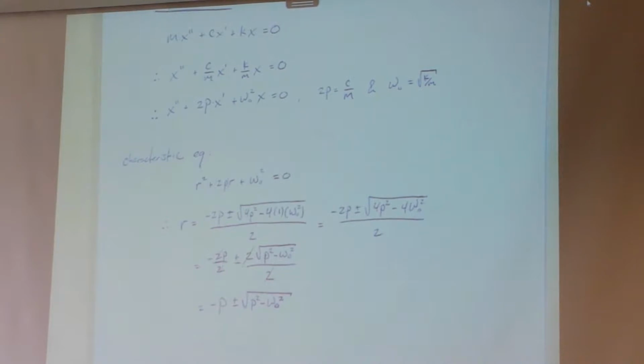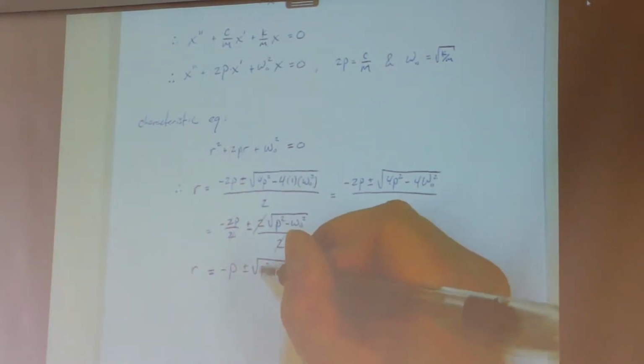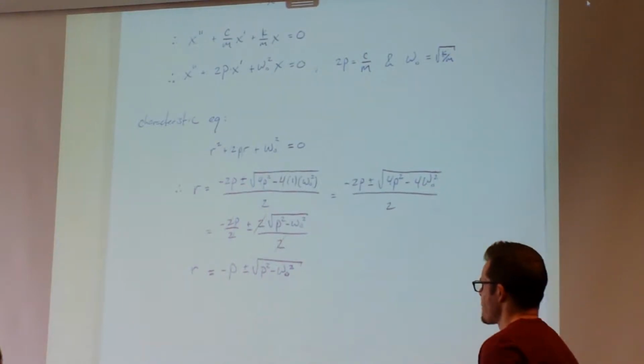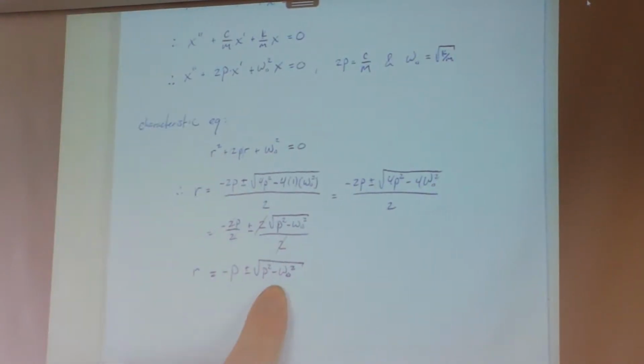Okay. So that's R. Now, there's going to be some distinctions here based on the sign of what's under the radical. So this naturally breaks this into 3 other cases. So in this case, damped motion, we get 3 subcases, according to the sign of that part under the radical.